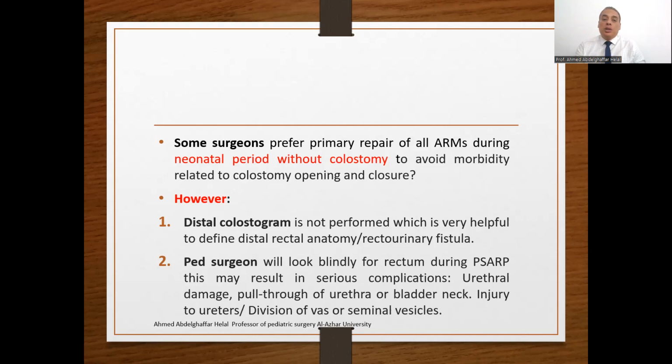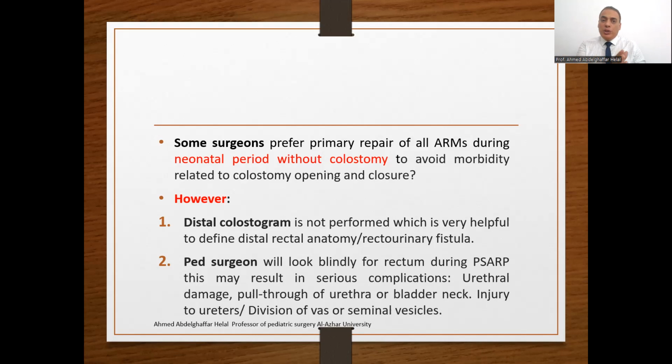Number two, the pediatric surgeon will look blindly for the rectum during PSARP. If he elects to perform an early PSARP without colostomy, he will look blindly, and this may result in serious complications like injury of the urethra, damage of the bladder neck, injury to the ureters, division of the vas or seminal vesicles.